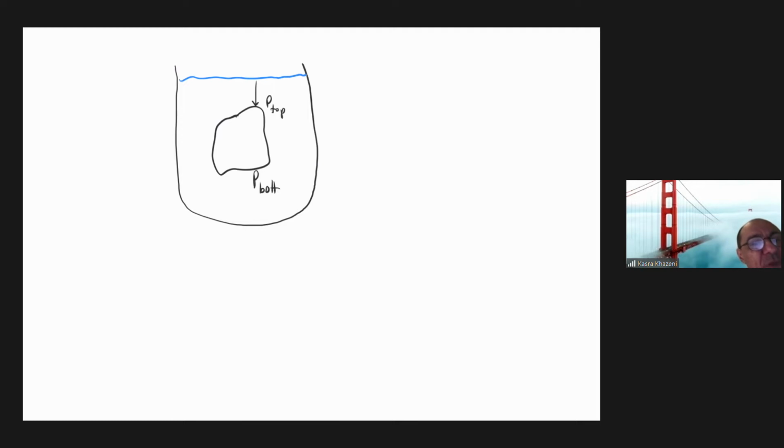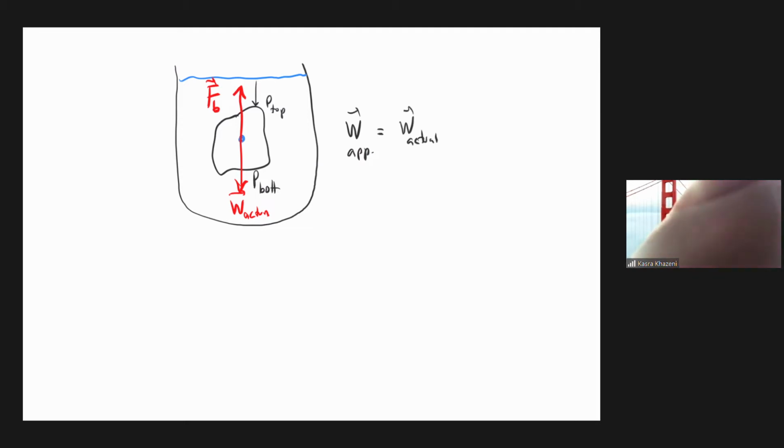So if you remember doing a free body diagram of it, the actual weight of the object points down, the buoyant force points up, and therefore we can write down that the apparent weight of the object is the real weight minus the buoyant force. All right.